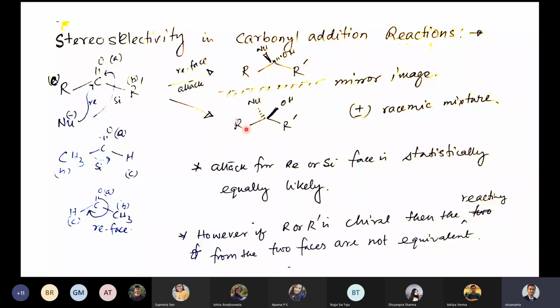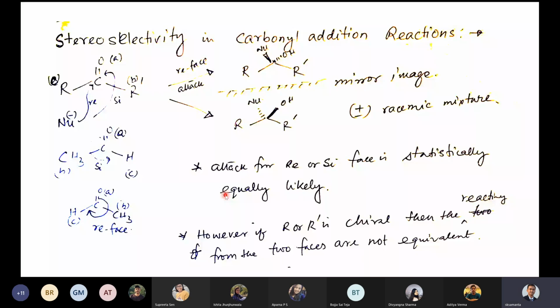You will see that they are mirror images of each other, and they appear as a racemic mixture. Attack from the Re phase or Si phase is statistically equally likely, as you said. Now there is a special situation where this R or R prime group, if it is chiral in nature, then this center becomes the prochiral center.